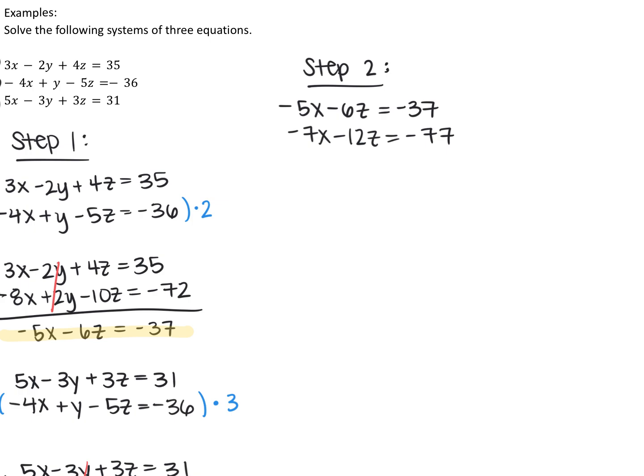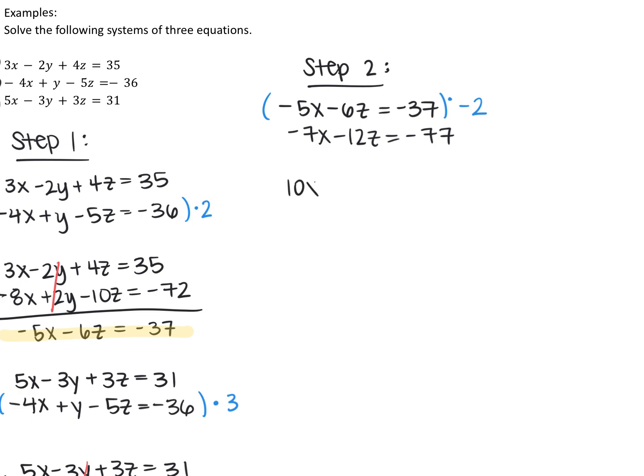We'll most likely have to multiply both equations, and we'll have to multiply by a negative a lot of the times. It's not going to mean that we have to do it every time, but it is going to happen more frequently. But if I look at this system, I can see that my z's are actually going to be easier to eliminate, because I can make a 6z a 12z by multiplying that first equation by negative 2. I do have to multiply by a negative here because my z's have the same sign.